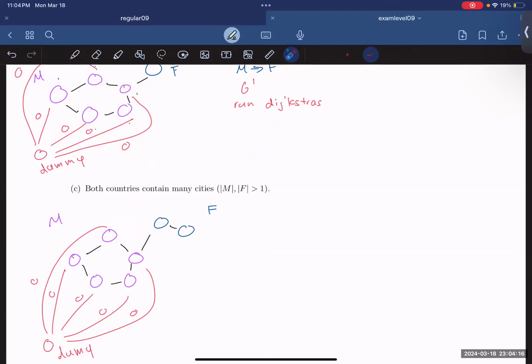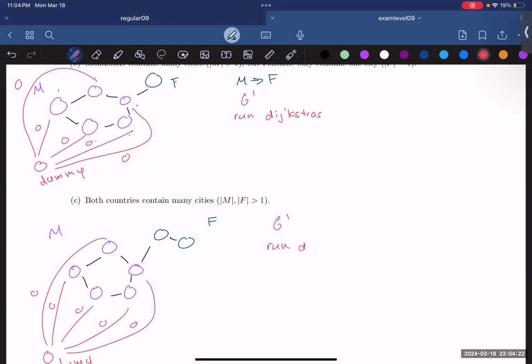This once again creates that new G prime graph that we talked about. And we can once again run Dijkstra's starting from dummy vertex D. Now, instead of directly taking the distance from D to the only city in F, we take the minimum distance from D to all cities of F, and we return it.